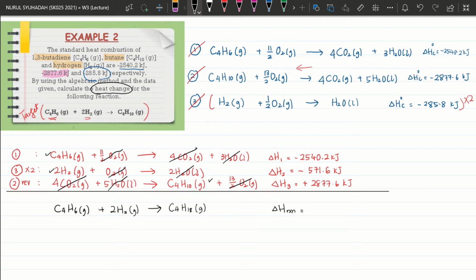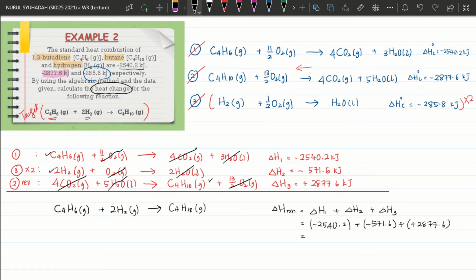Delta H reaction here will be delta H1 plus delta H2 plus delta H3. So put here negative 2540.2 plus negative 571.6, plus positive 2877.6.